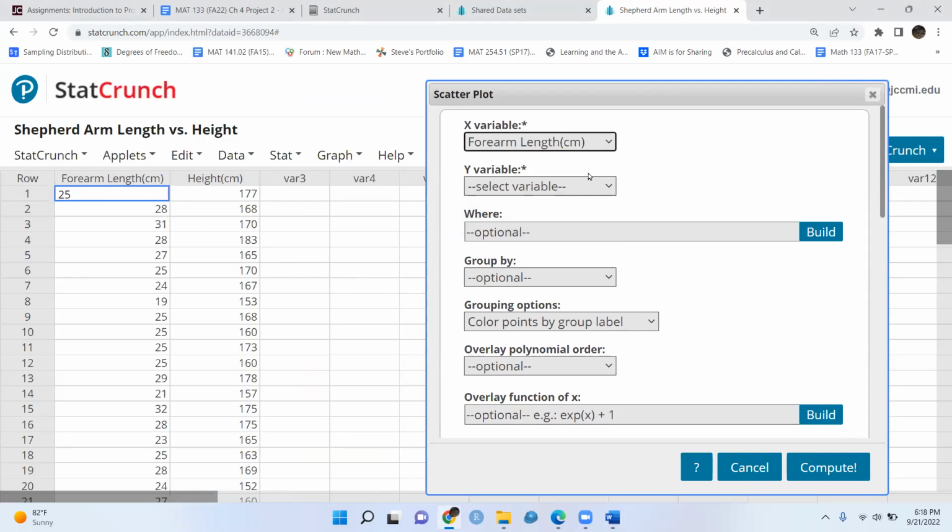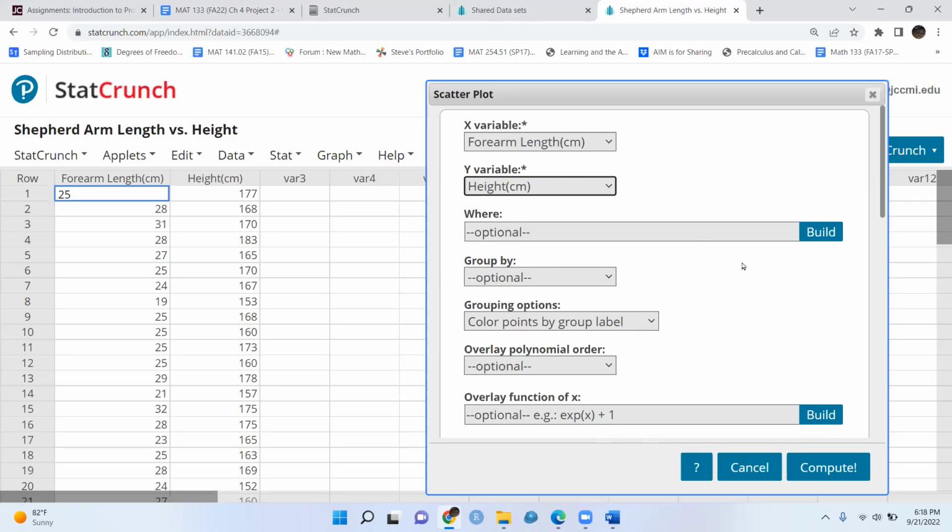But we're going to let the forearm length be the explanatory variable and the height be the response variable. So if you pause and think about what we're claiming, we're more or less claiming that we could measure someone's forearm and predict their height. That there's some sort of correlation between the length of a person's forearm and how tall they are. That's what we're testing here.